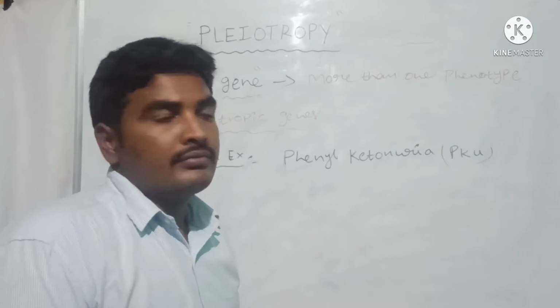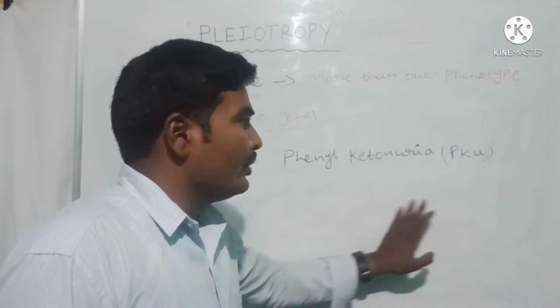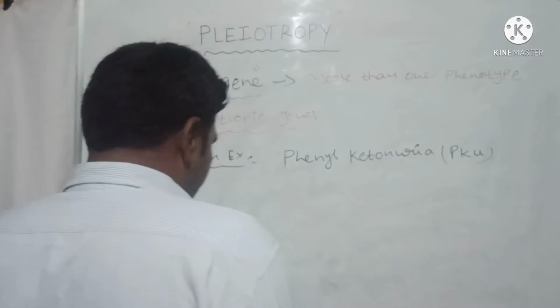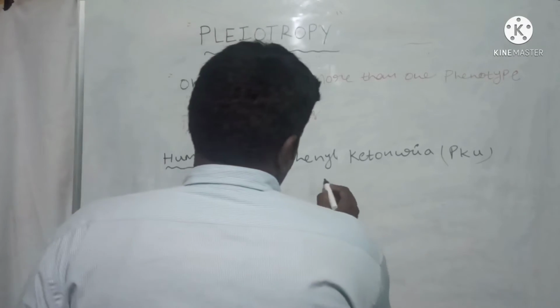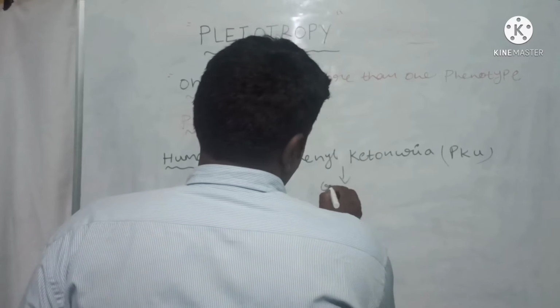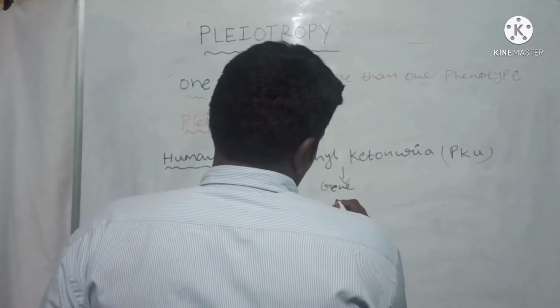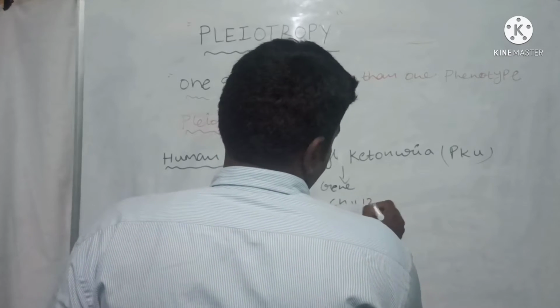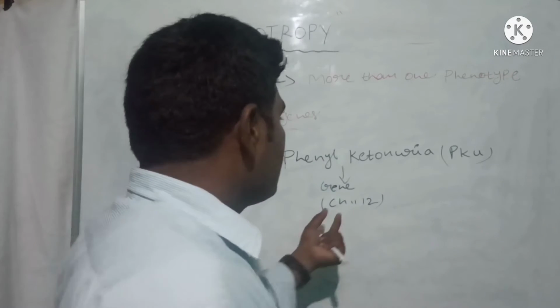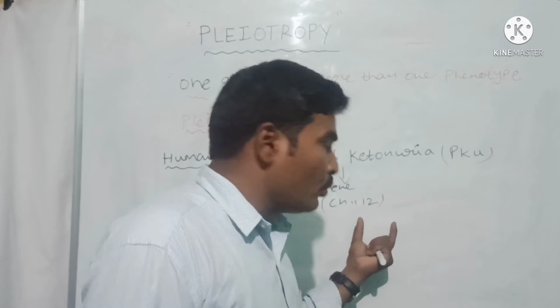Phenylketonuria is a disease caused by mutations. The gene is located on chromosome number 12. What is the function of chromosome number 12?